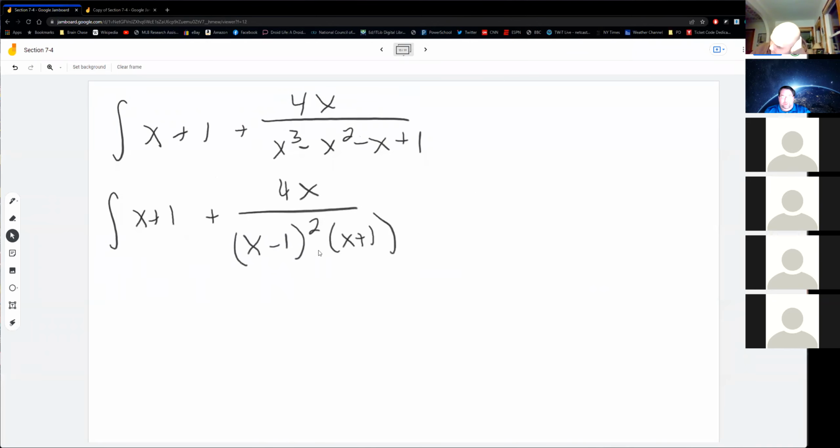So this is going to go to this problem. So we're only going to look right now at that part right there. I'm going to ignore the x plus 1 for a minute.